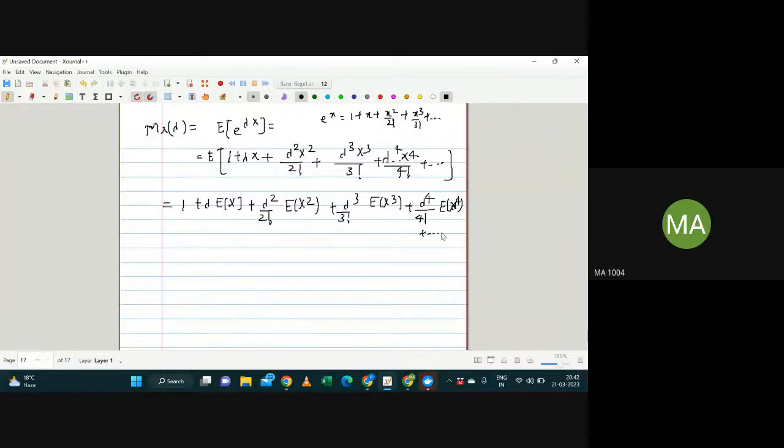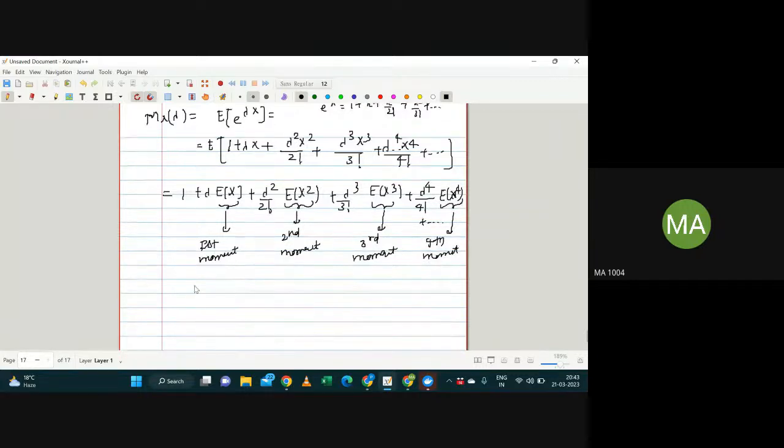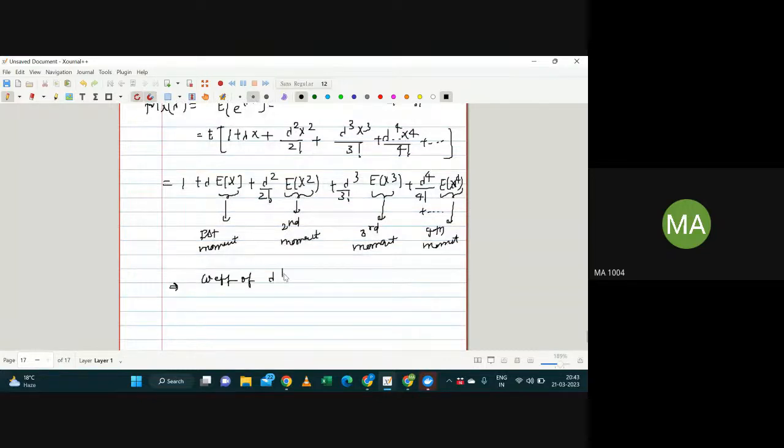In the moment generating function, the coefficient of lambda is the first moment, which is the mean. The coefficient of lambda square by 2 factorial gives the second moment, and the coefficient of lambda cube by 3 factorial gives the third moment. It generates the moments, that's why the name is moment generating function. The coefficient of lambda to the power 4 divided by 4 factorial is the fourth moment. In general, the coefficient of lambda to the power k divided by k factorial is the kth moment, which is the expected value of X raised to power k.